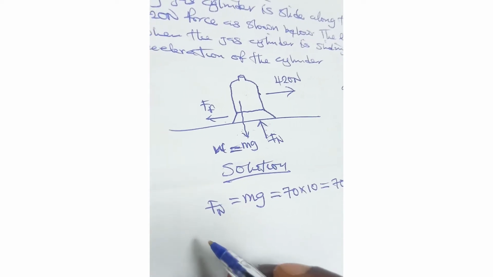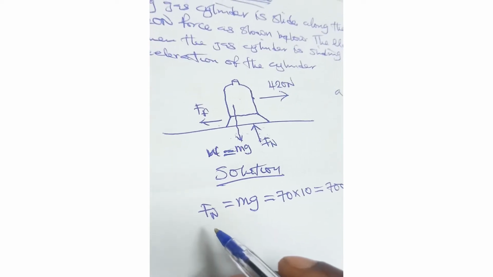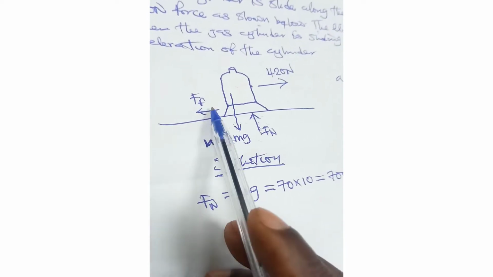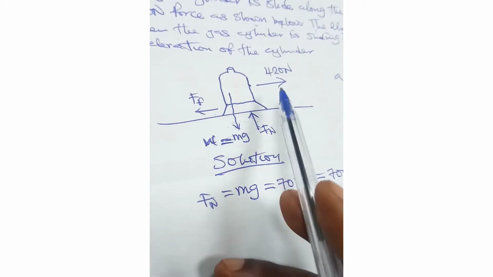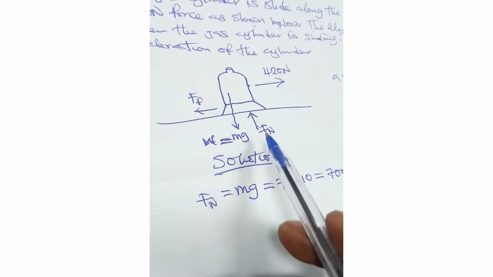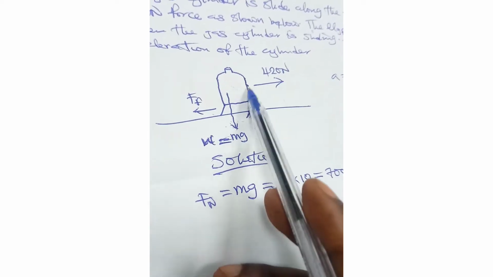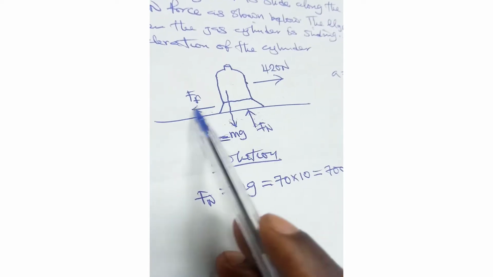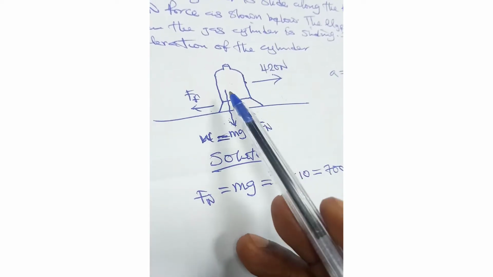Now, what we are going to do next is, acceleration is what we are calculating, but frictional force must be known first before we can calculate the acceleration. We are not dealing with the static position again, so we are dealing with when the object is sliding.